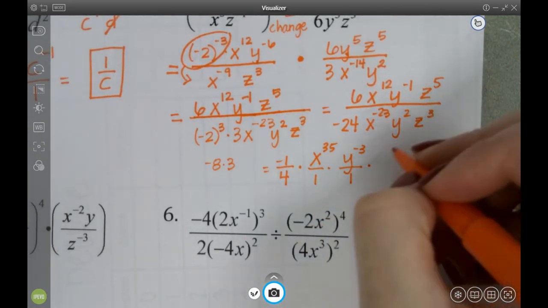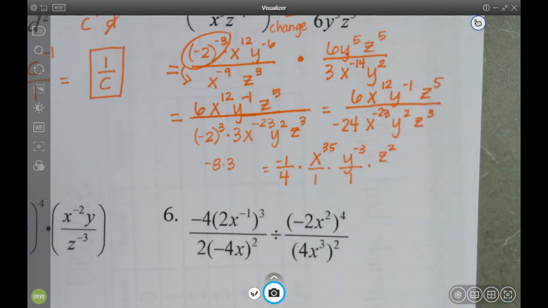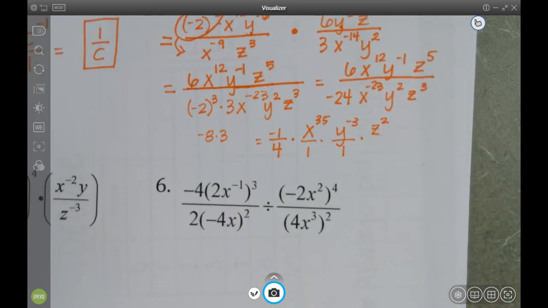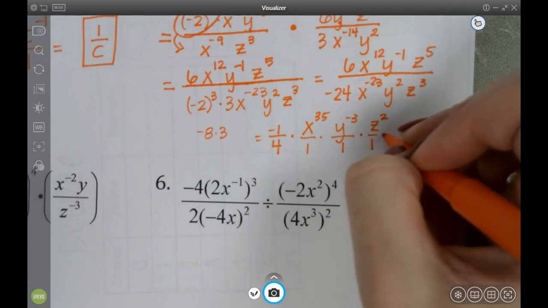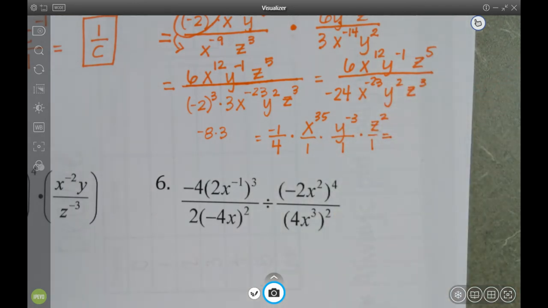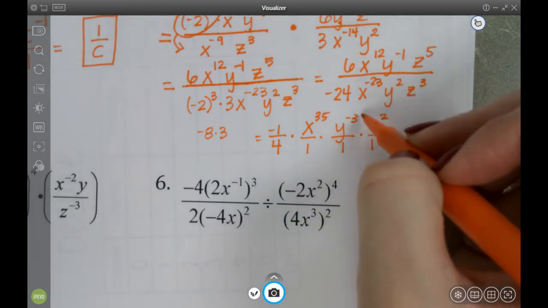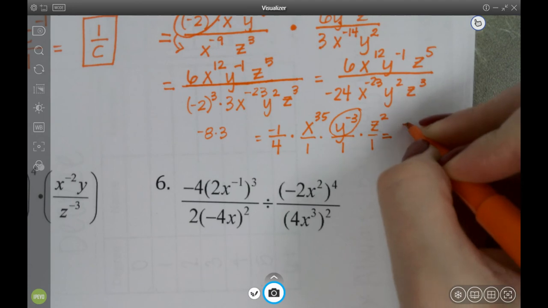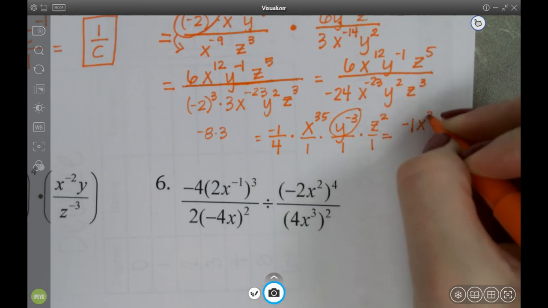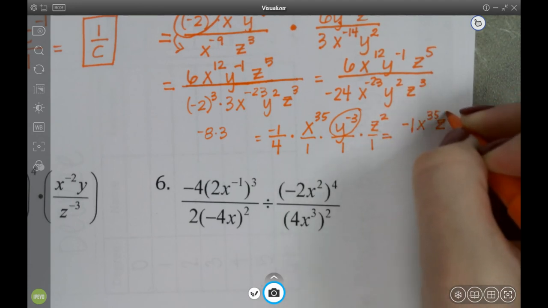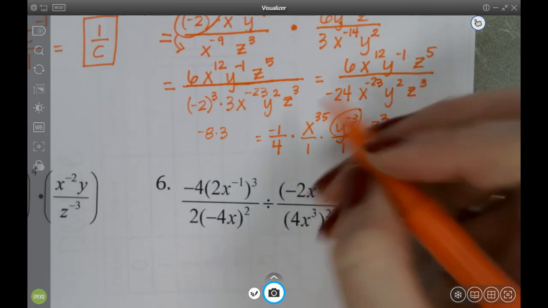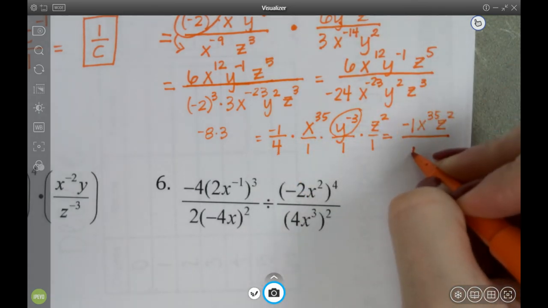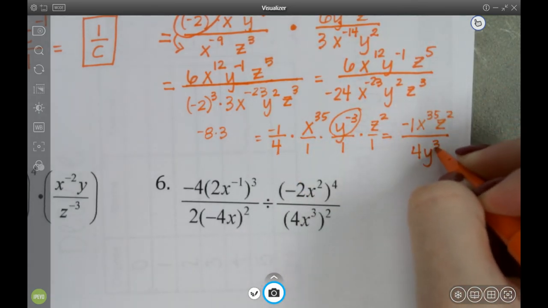And then 5 minus 3 is 2. Okay, now that I have each piece, I have to simplify. I can't have a negative exponent, right? So I'm going to make this negative 1 x to the 35 z squared over 4y cubed.